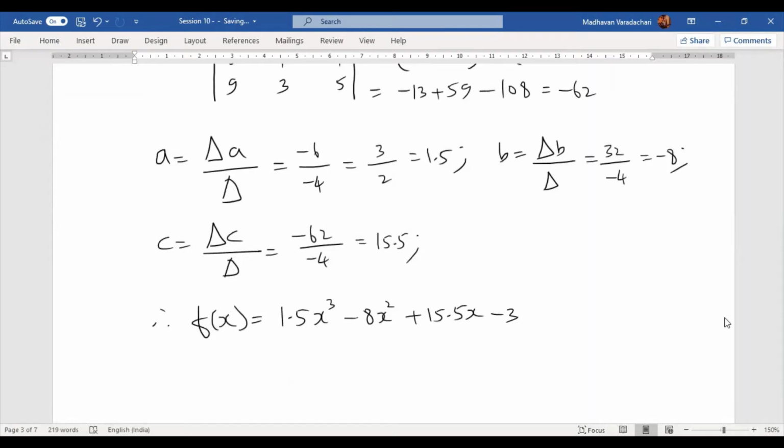So this is our required function. Now the question is to find f of 6. Substitute wherever x is there with 6.